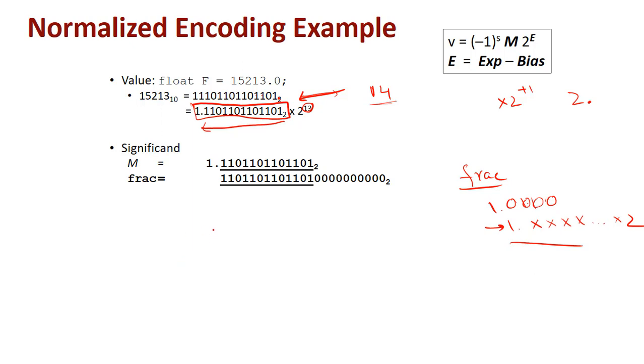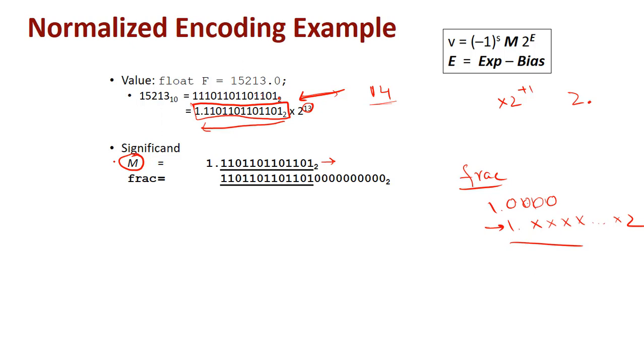Now one more thing that you need to pay attention to: this 1.111101101101 is actually my mantissa, the significand.